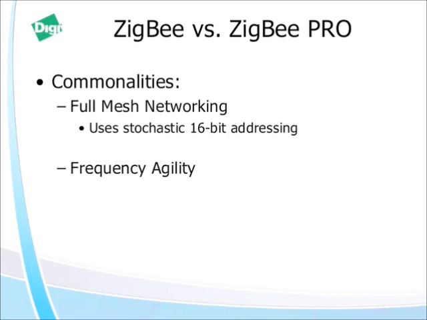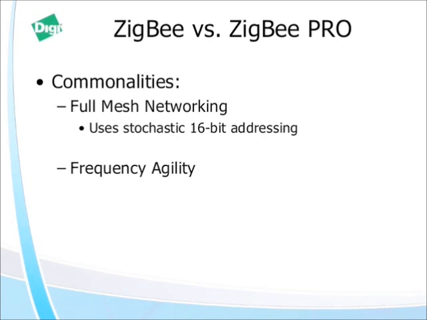There's a little bit of difference between ZigBee and ZigBee Pro in the 2007 specification. One thing is that ZigBee Pro, actually, the ZigBee 2007 specification, uses this stochastic 16-bit addressing. And though that term may seem a little daunting at first, what it means is actually increased reliability.